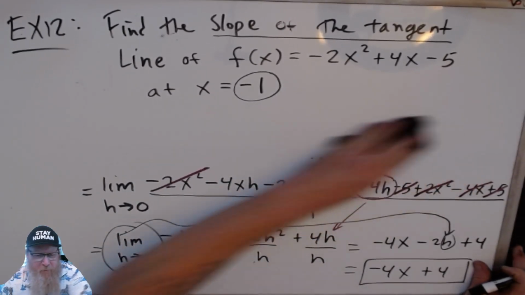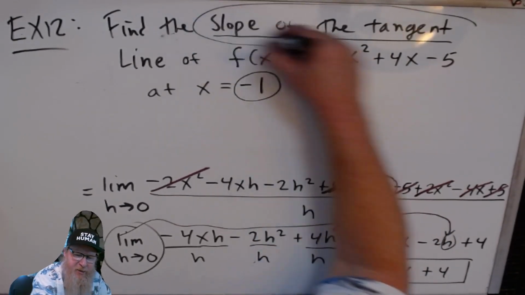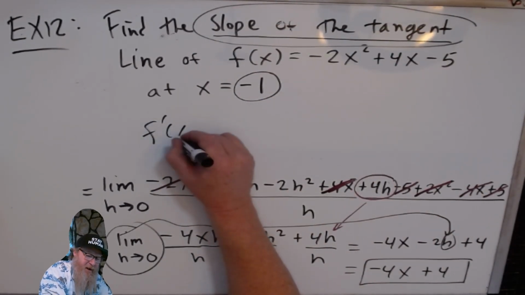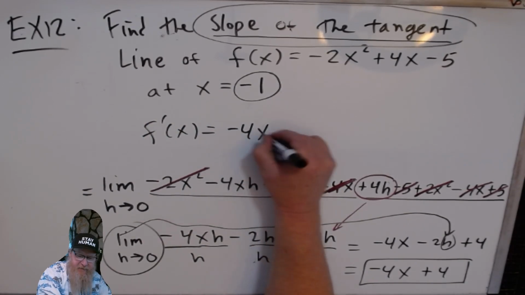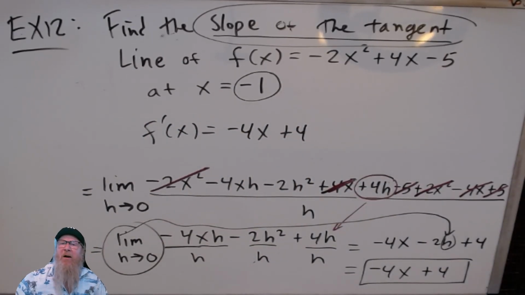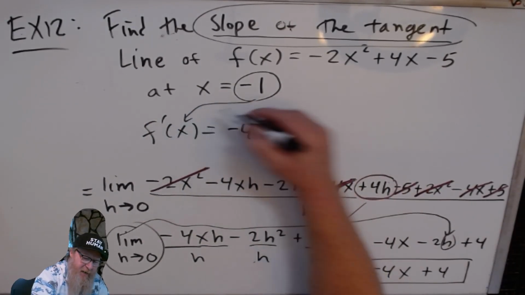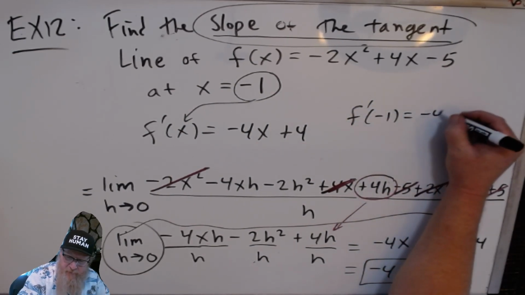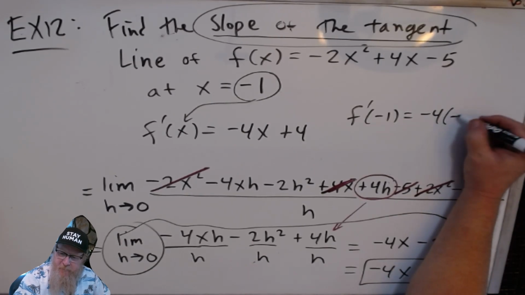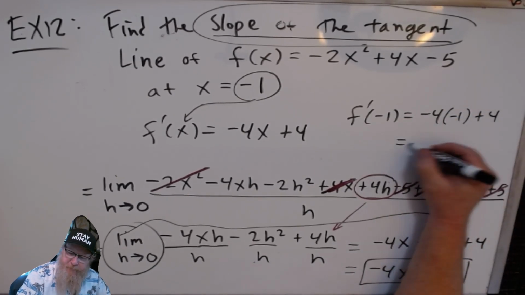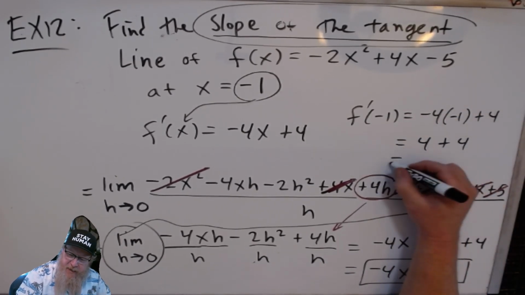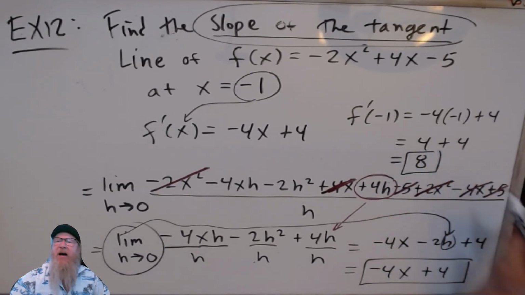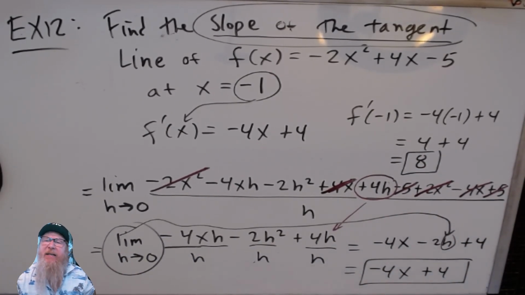So what we really want is the slope of the tangent line. So f prime of x is negative 4x plus 4. So we just plug in negative 1. And instead of being wishy-washy about it, the slope is positive.